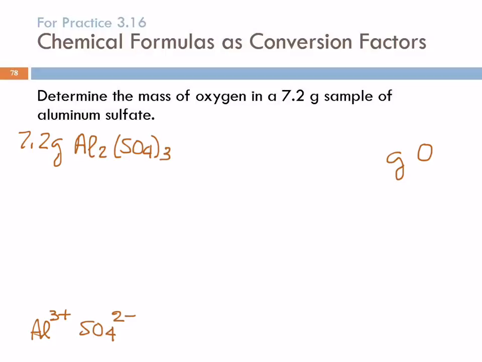What I have from the formula is the relationship between moles of compound and moles of oxygen. 1 mole of Al2(SO4)3 has how many moles of oxygen? 12. Because I have 3 of these packages. Each package has 4 oxygens in it. 3 times 4 is 12.